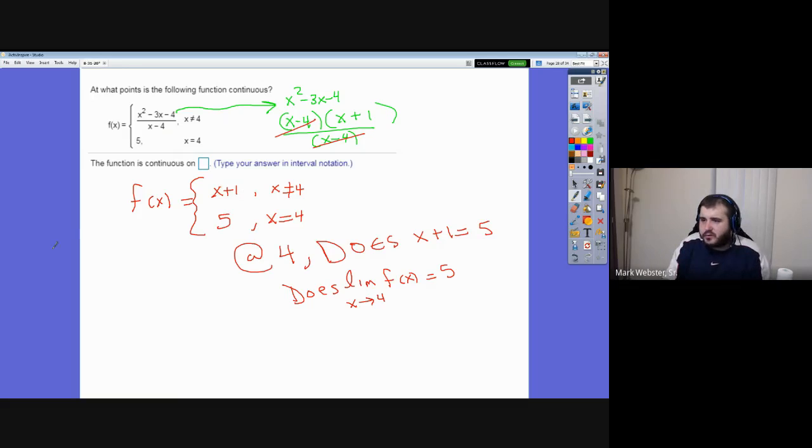Imagine for a second we've got our function here. I don't know, it probably looks something silly like this, but at 4.